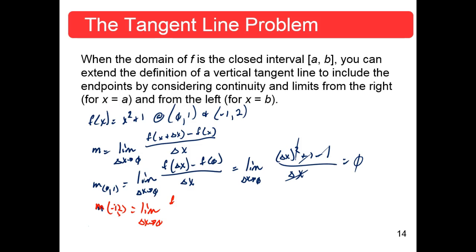So this would be f of negative 1 plus delta x. You're doing the second point. Here your x is negative 1, so forget the previous one. We're doing f of negative 1 plus delta x. Okay, so you put that in there, f of negative 1 plus delta x minus what?